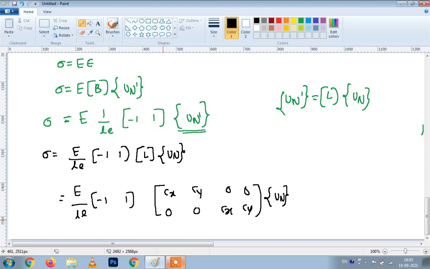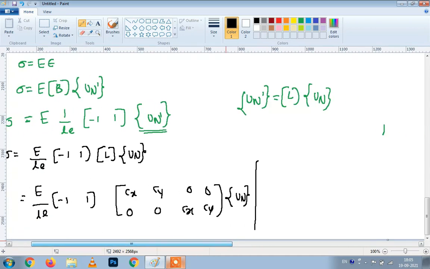Now we have to multiply this minus 1, 1 with this transformation matrix to get the relationship between stress and strain. We have to simply multiply these two, so we'll do this multiplication here. Sigma is equal to E upon LE.